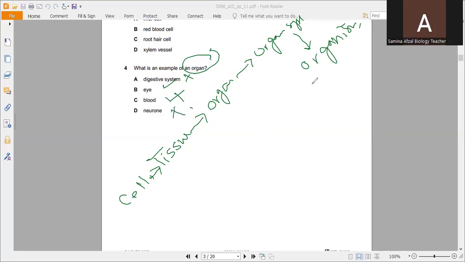So in this case, the answer is B, which is eye, because the eye is a complex sensory organ made up of various specialized tissues. For example, it is made up of muscles, nerve, connective tissues. So B is the correct option.